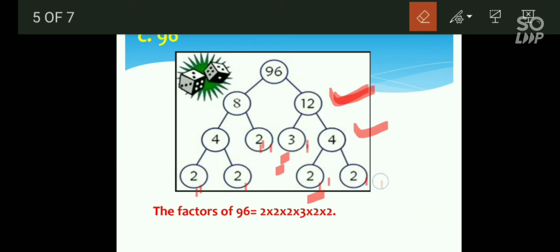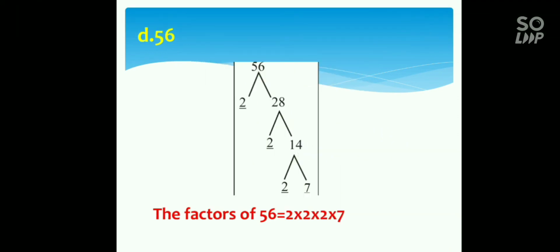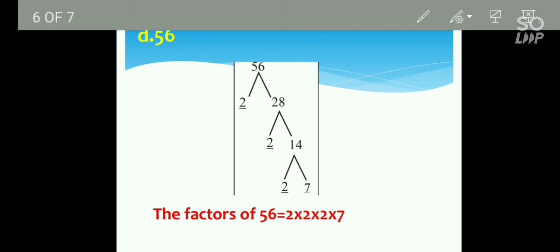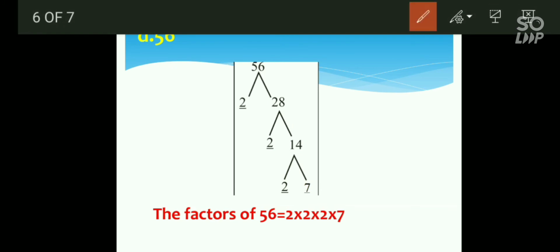Let us move towards the next example. The next example is 56. 56 we can split into 2 into 28. As in the previous sums, you can do 7 into 8 as you wish.